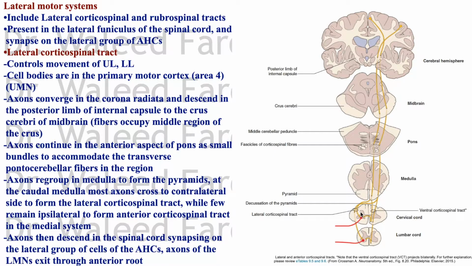here. This is what happens to the majority of fibers, but a few fibers remain ipsilateral to form the anterior corticospinal tract in the medial system. So this is the lateral corticospinal in the lateral system, and a few of its fibers form the anterior corticospinal, which is part of the medial system.